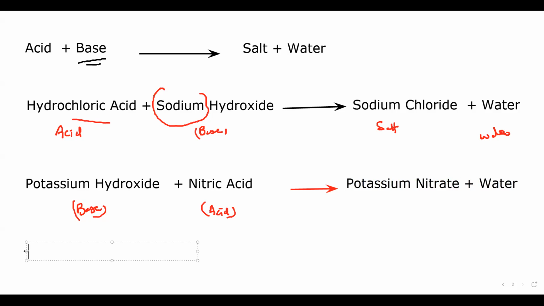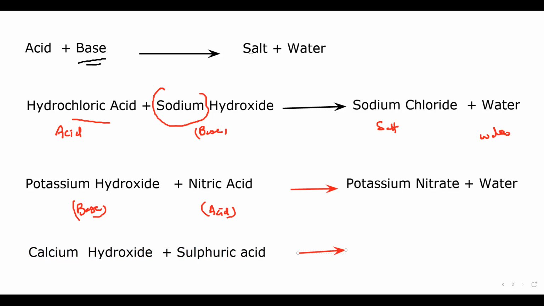Same way, if we have calcium hydroxide plus sulfuric acid. So calcium hydroxide is reacting with sulfuric acid. What will be the salt formed? The first name of the salt is from the metal and the second name is from the acid.